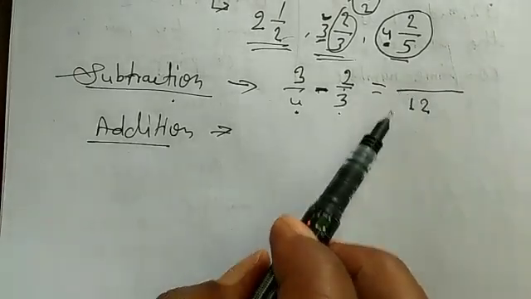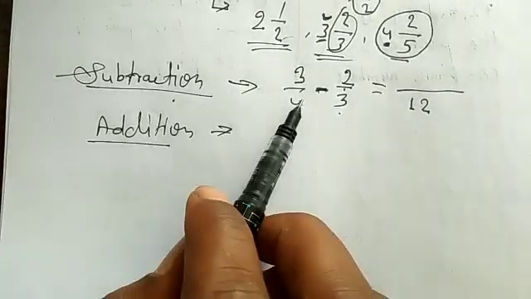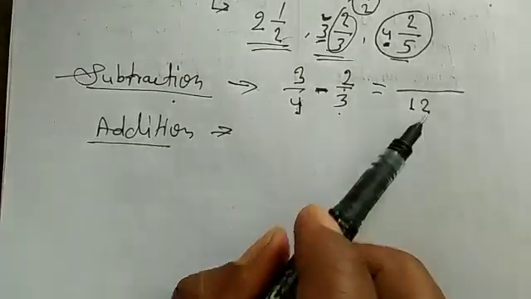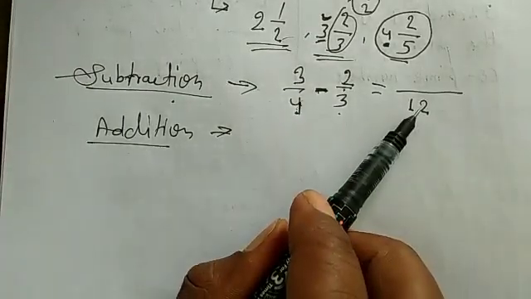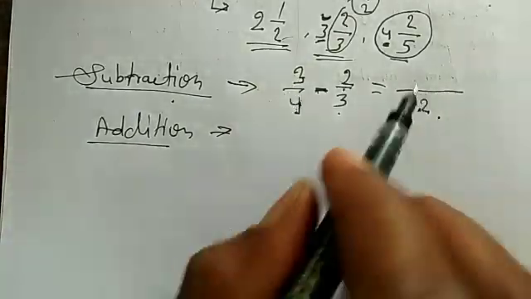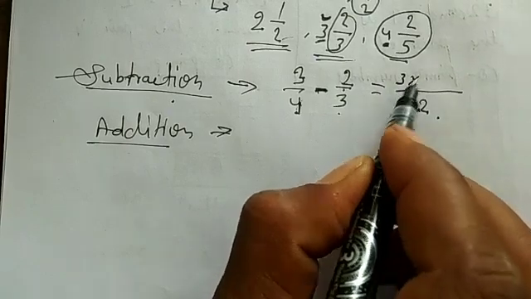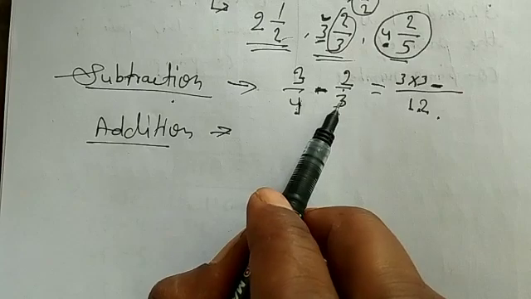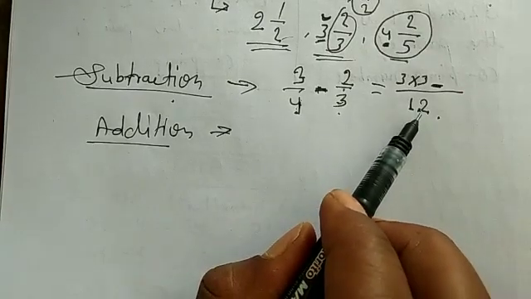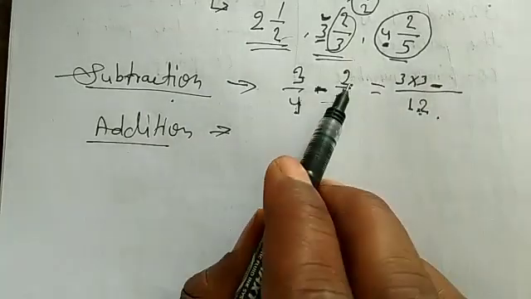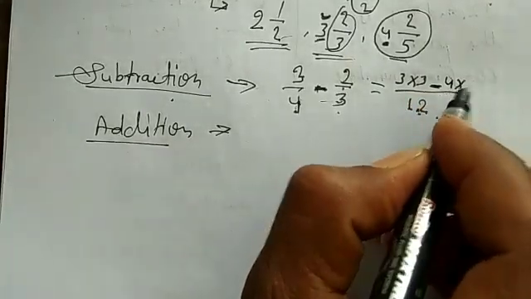Now this LCM will be divided by the denominators. 4 threes are 12, so this 3 will be multiplied with 3, that is 3 into 3, minus. 3 fours are 12, the quotient is 4, and 4 will be multiplied with 2, 4 into 2.